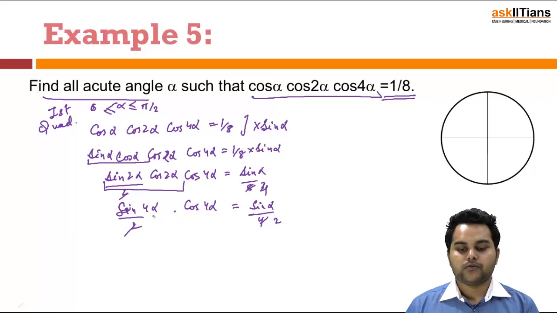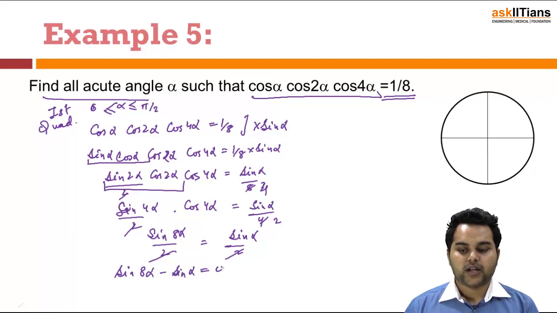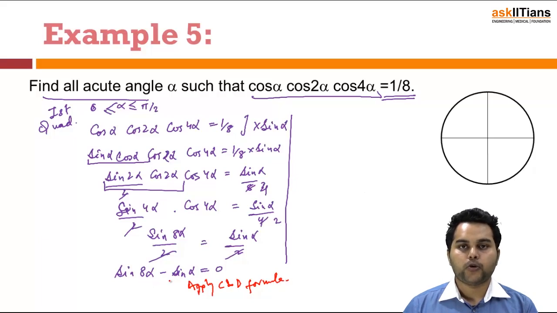Now sin 4 alpha cos 4 alpha is equal to sin of 8 alpha over 2, which is instead equal to sin alpha over 2. 2 and 2 cancel out, giving me sin of 8 alpha minus sin of alpha being equal to 0. If I apply the C and D formula to this, that is, the sum or the difference form can be written in terms of the product form.